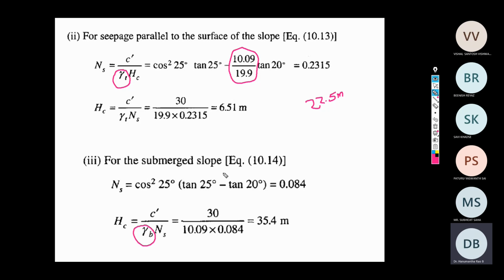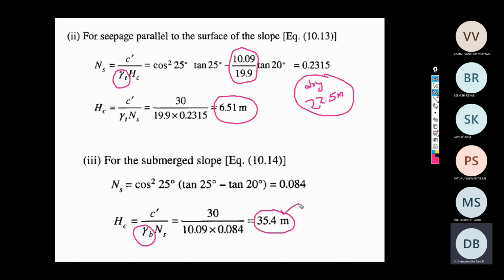Now the submerged condition has yielded the highest possible height of the slope, that is 35.4 meter, and seepage parallel to the slope has yielded the least slope height, that is 6.51 meter. But if you compare the dry condition with the submerged condition, you may presume that normally the dry condition should make it possible to go for the highest slope, but rather it is the submerged condition which is allowing the highest slope value.